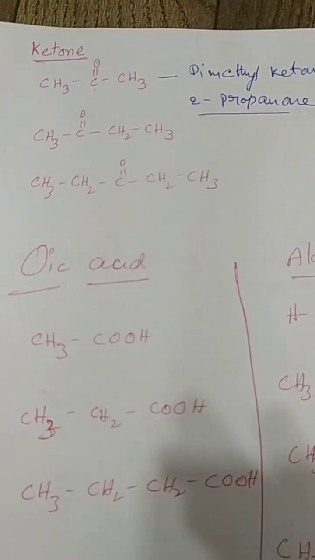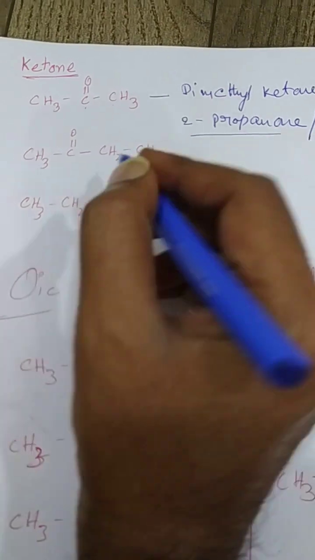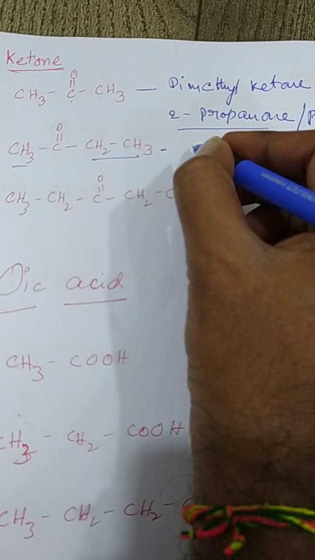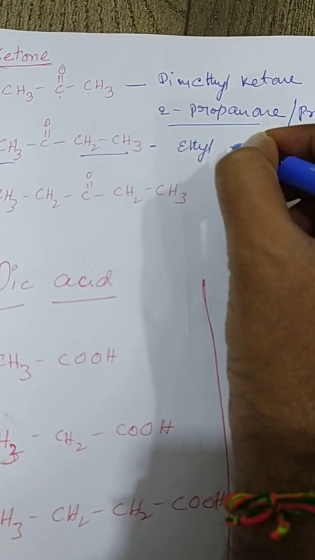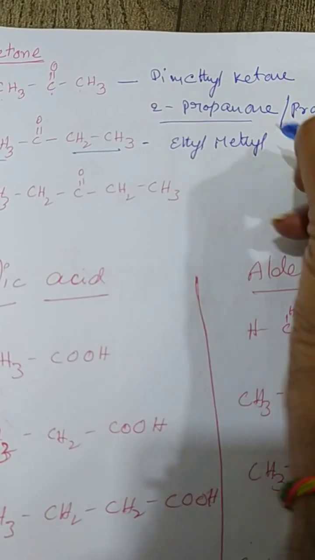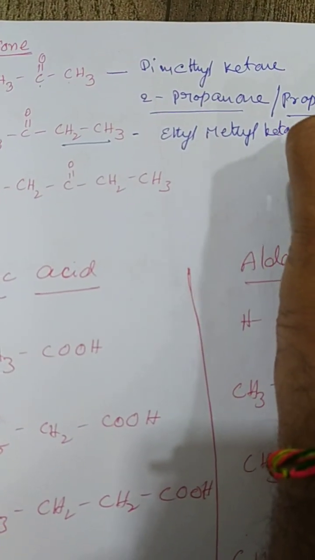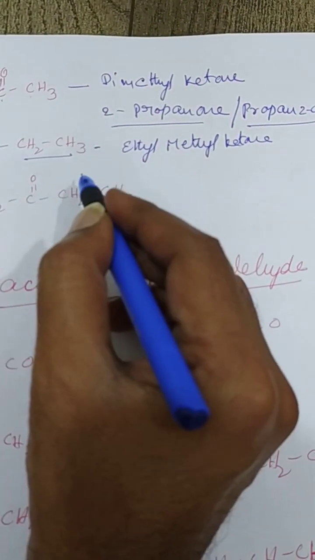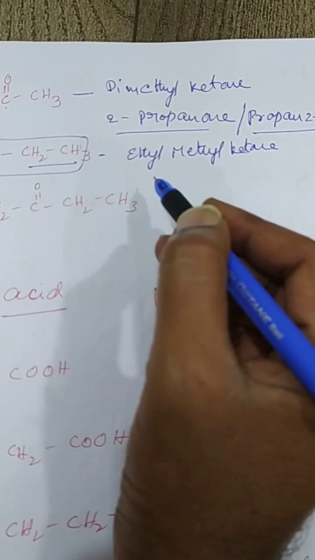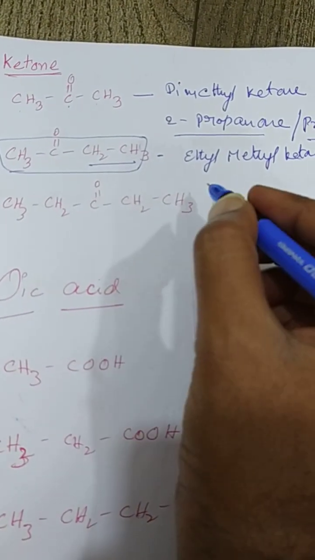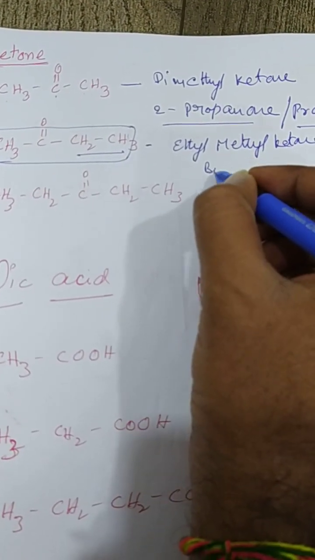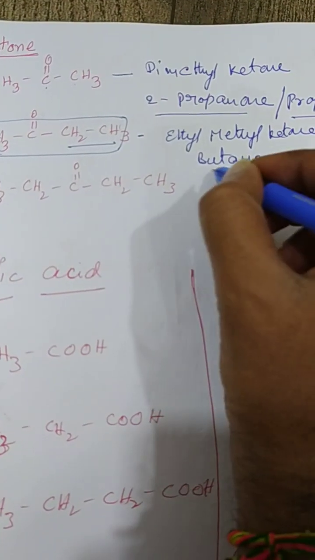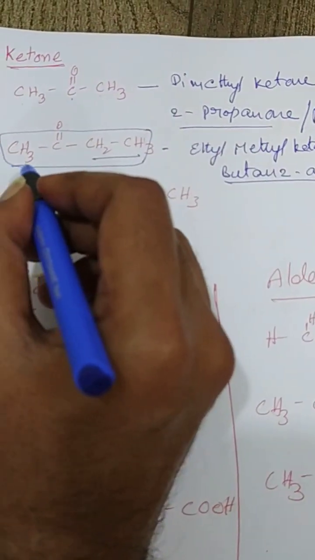So there is a different type of nomenclature. Here you can say this is an ethyl group and this is a methyl group, so it may be ethyl methyl ketone. This is completely 4 carbons, and the mother chain is like this. 4 carbons means but-, and -one: butanone.